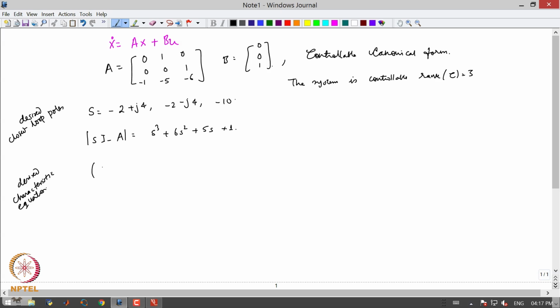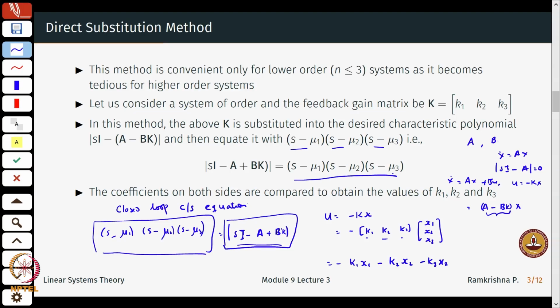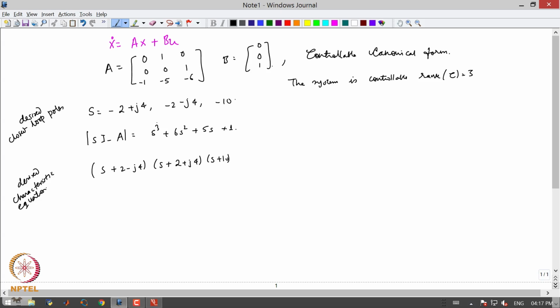That will be (s plus 2 minus j4)(s plus 2 plus j4)(s plus 10), where these are the numbers mu1, mu2, mu3. And this works out to s cube plus 14 s square plus 60s plus 200.